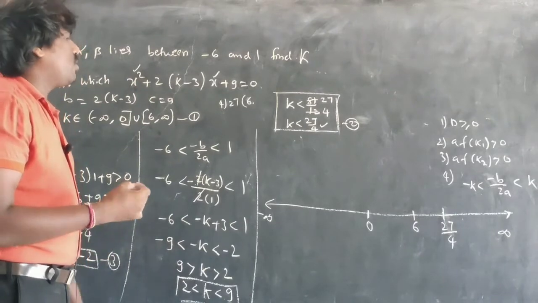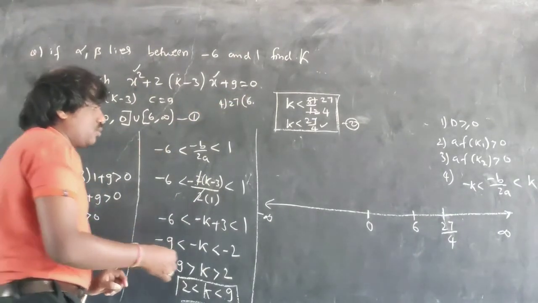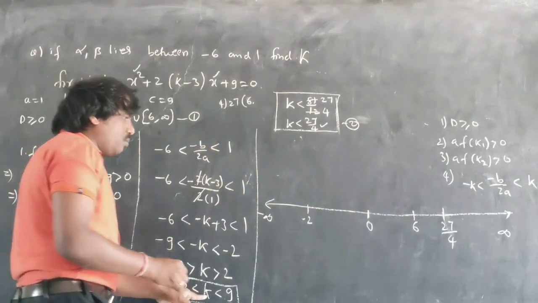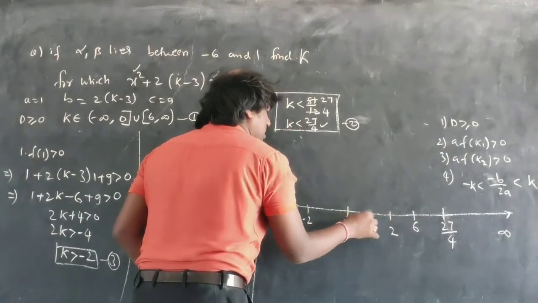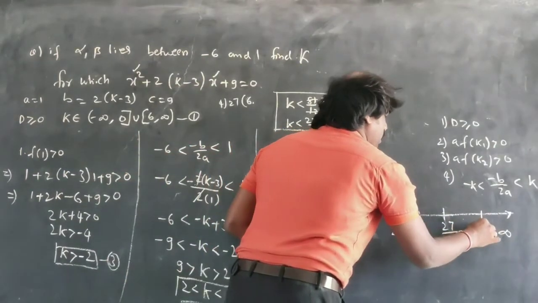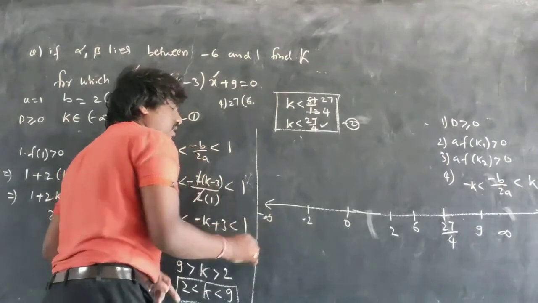And from this side is minus 2, so minus 2 will be here somewhere, and you have k value plus 2, and 0 here. And plus 9 is somewhere here, and it is going to infinity.